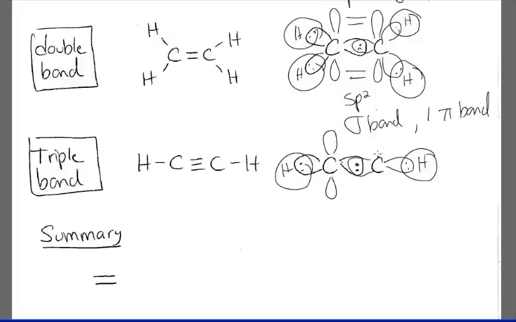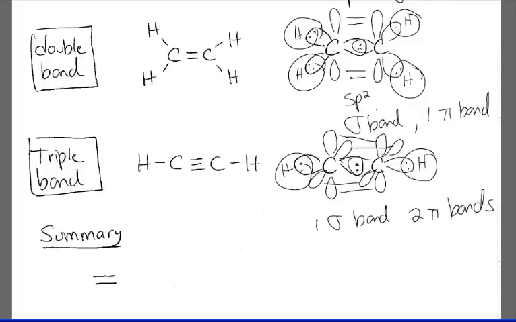You'll have one sticking one way and another set perpendicular to that. This set will interact, and this set will interact. So you have one sigma bond and two pi bonds, one from each set of p orbitals.